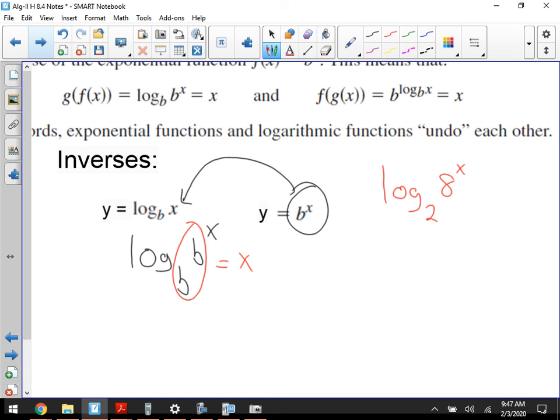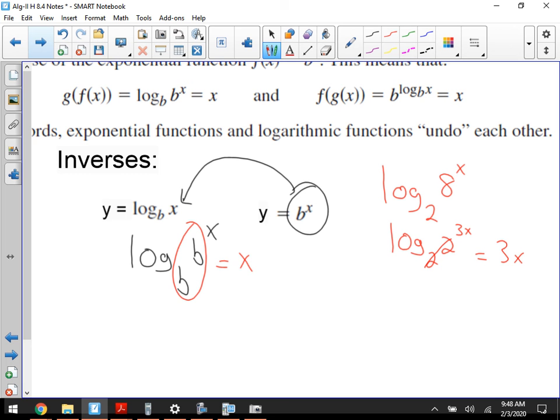Basically, I'm asking 8 is 2 to what power? 3. 2 cubed is 8. So this is the same thing as saying the log base 2 of 2 to the 3x. Are those bases the same? Yes. So you just get 3x.